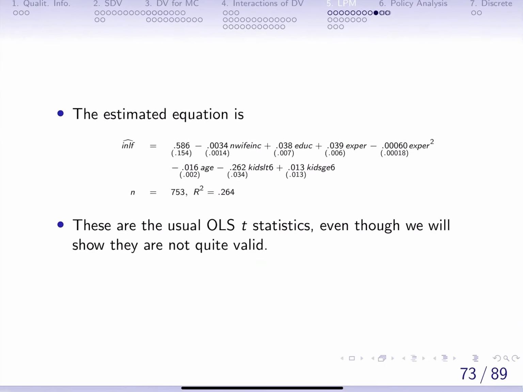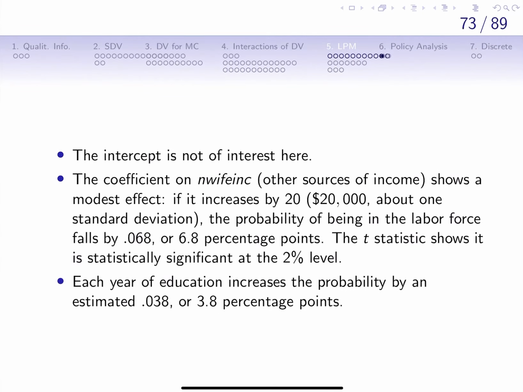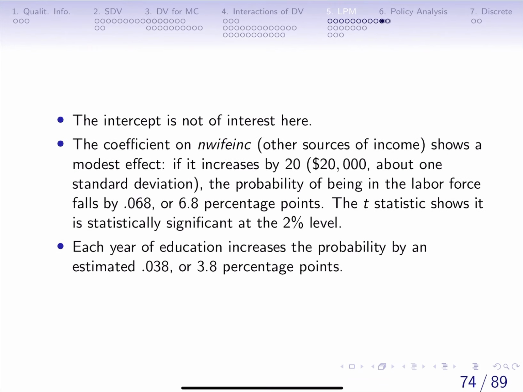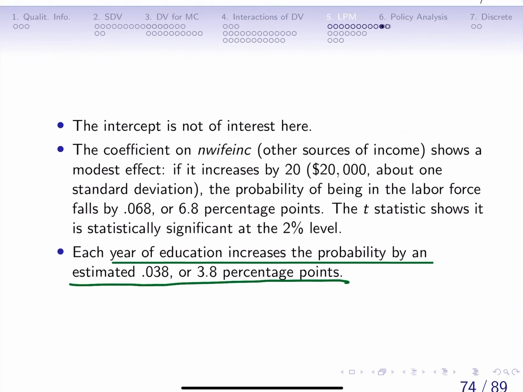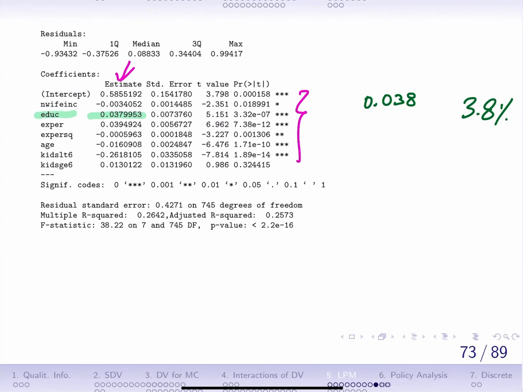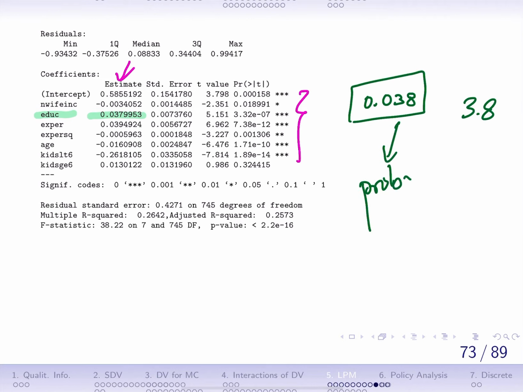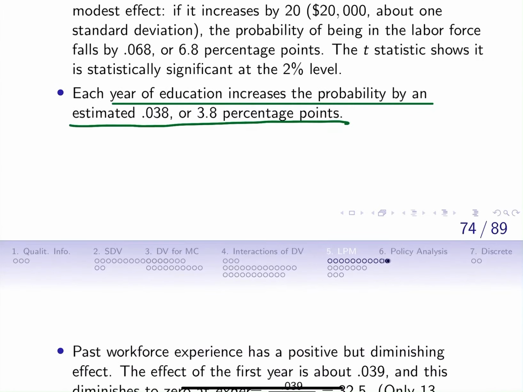So basically what we can say is that each year of education increases the probability by an estimated 3.8 percentage points. Here I should not say percent, because this is not wage on the left hand side. We're measuring the effect of education on the probability, so this is 3.8 percentage points.